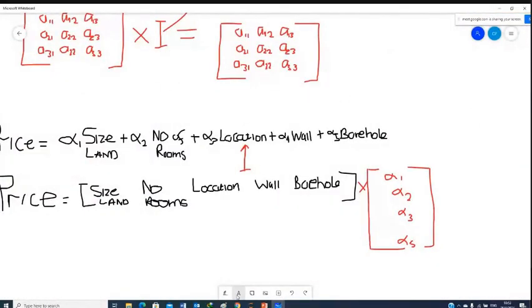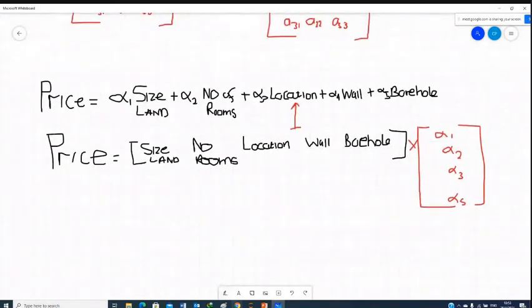So for example, if we've got A, what does this mean, A with a circle with a dot in the middle? It is also a form of multiplication, but does anyone know what this is called?